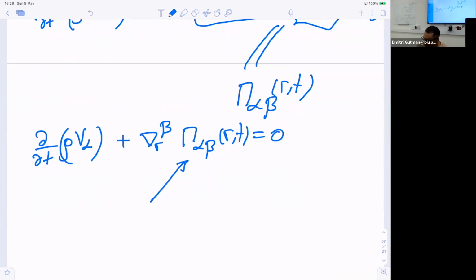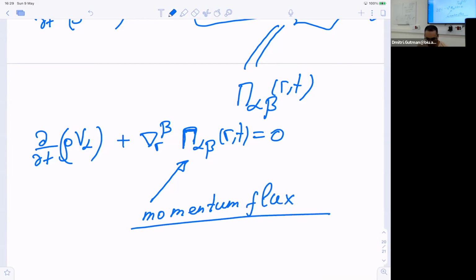And this tensor has a name in hydrodynamics: it's called momentum flux. So what does it mean, momentum flux?